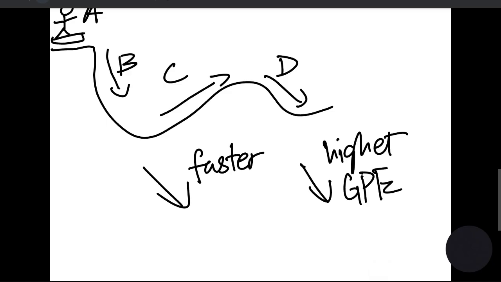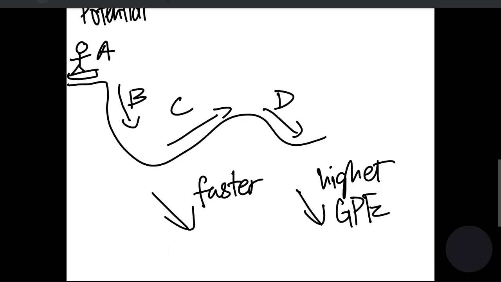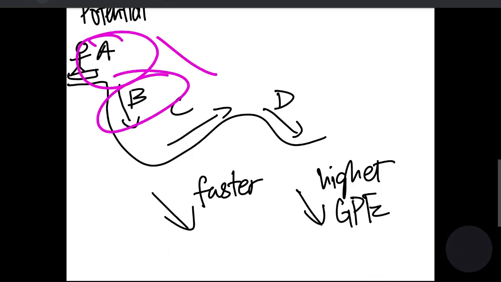Wait, no, it's the lower the gravitational potential energy, because it's faster. It means there's more movement, which means that there is a higher kinetic energy at point A and B, because it goes down. So kinetic energy is higher.